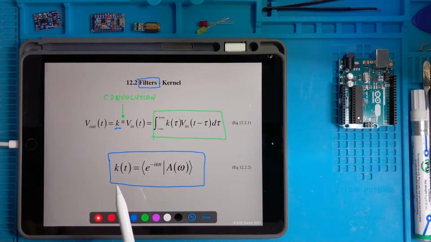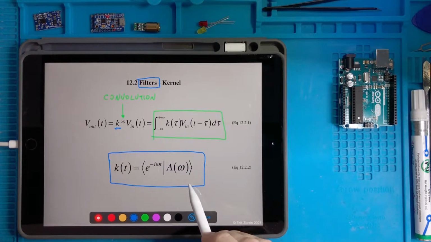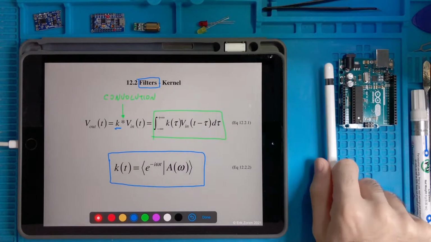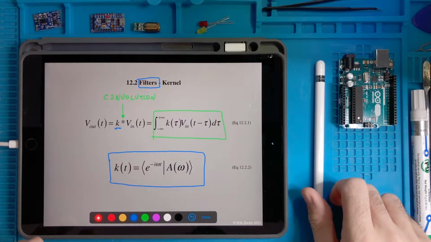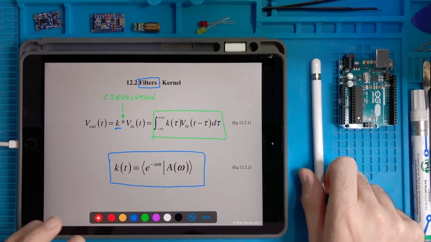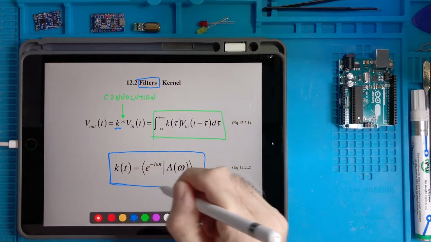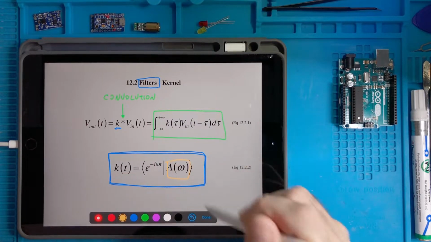It can be demonstrated that the kernel is the inverse Fourier transform of the transfer function. So you can describe such a linear circuit in two ways, with the transfer function or with the kernel. It's the same because they are connected by this relation. In this course we will use the transfer function.